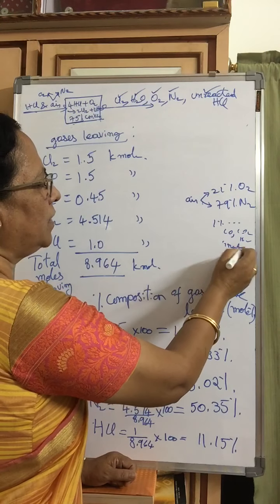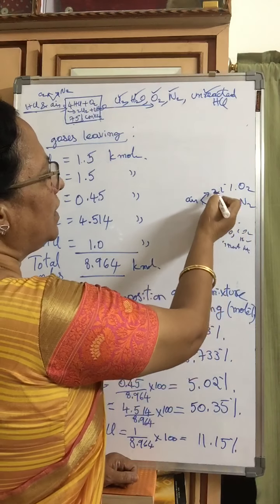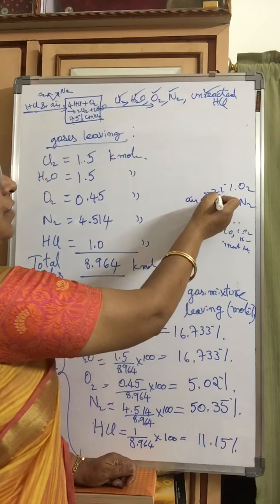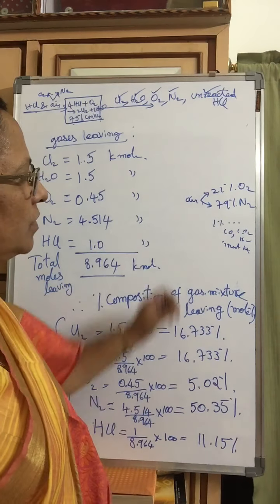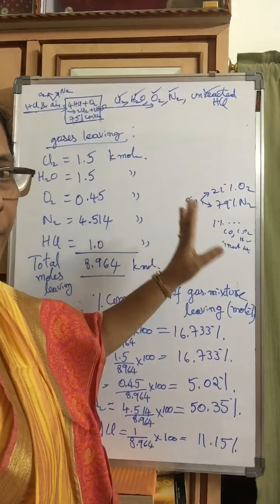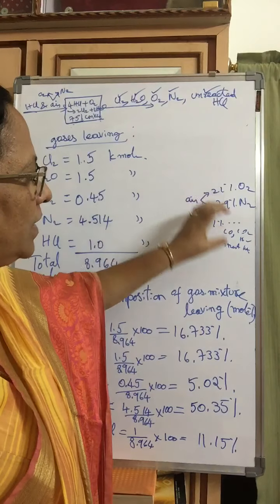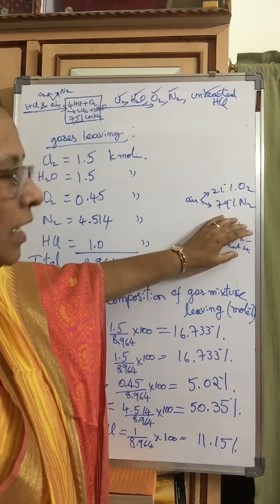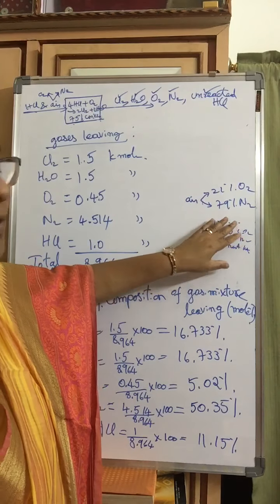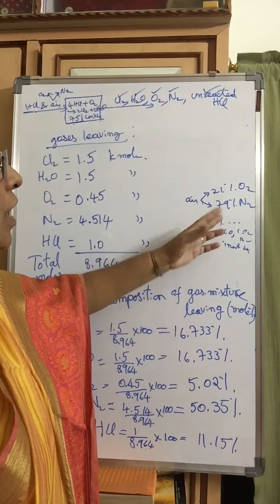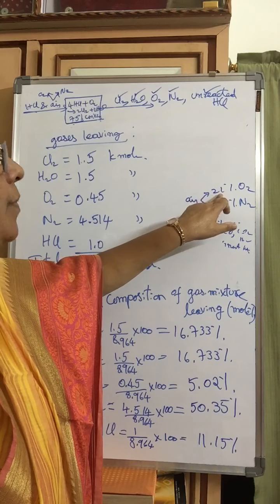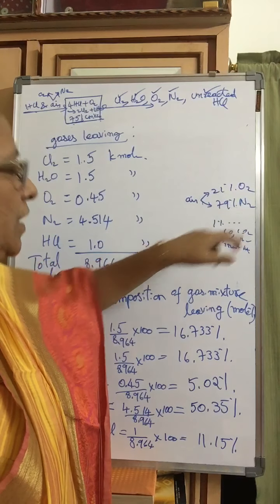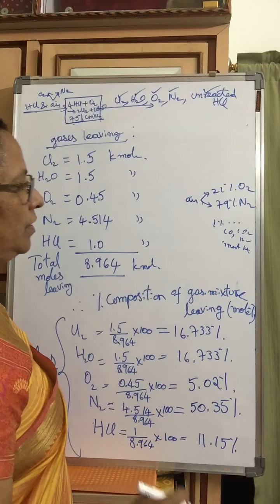The exact values are about 20 point something for oxygen and 78 point something for nitrogen, so 1 point something remains for those other gases. But in chemical process principles, when we work out problems, with little error we assume that air consists of 21% oxygen and 79% nitrogen by moles.